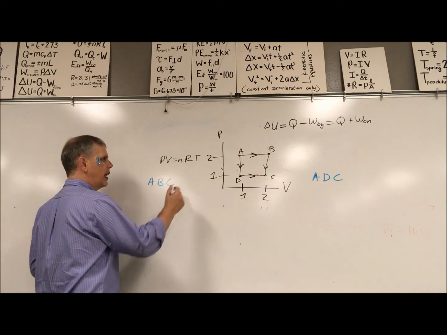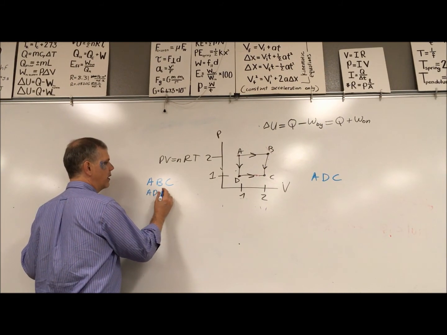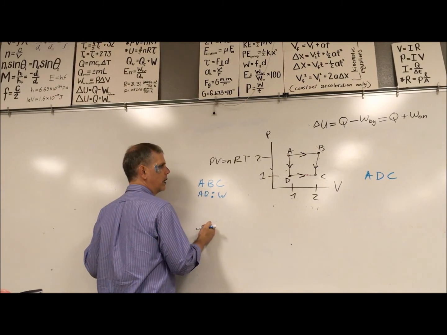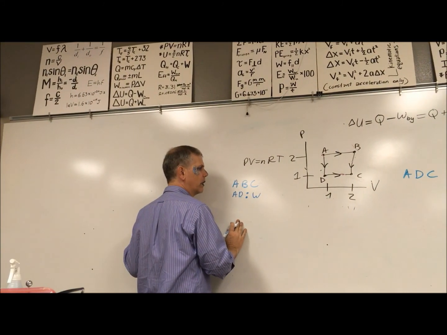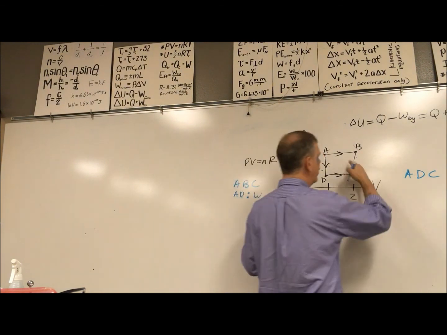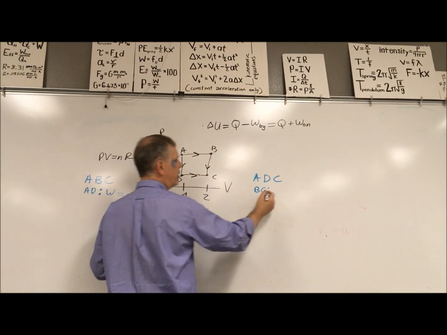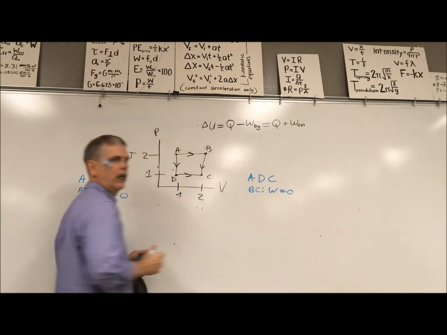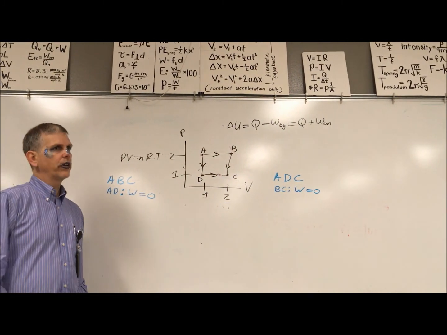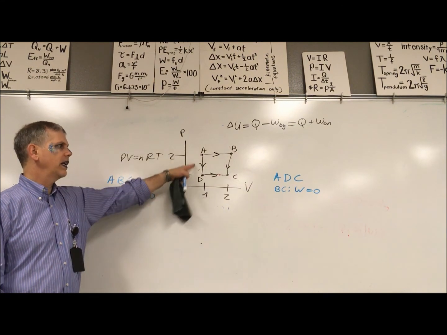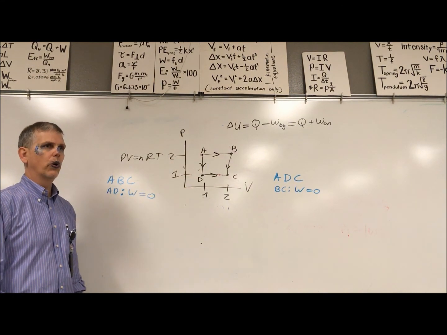So, first of all, if we do A to D, W equals 0. And here, B to C, W equals 0. Do we all agree with that? Isovolumetric. From A to D, no change of volume, no work done.